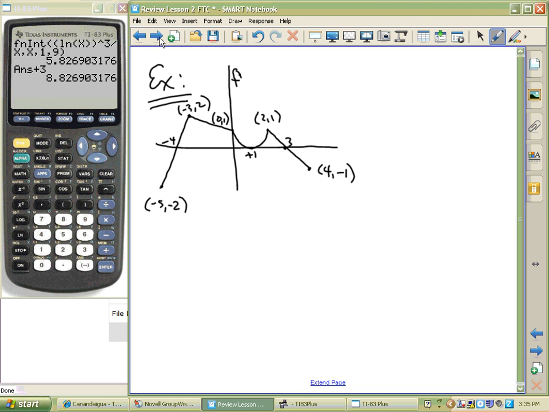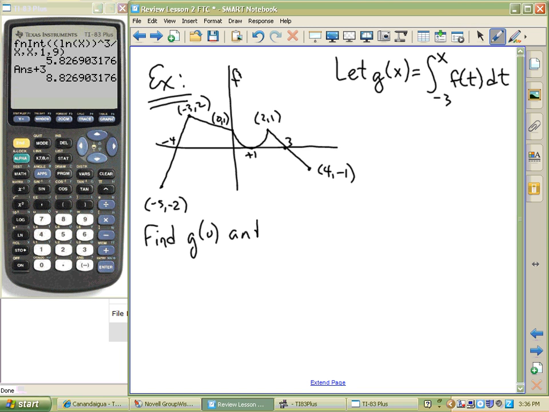And what we'll do is we're going to let g of x equal the integral from -3 to x of f of t dt. And we're going to find some things. We're going to find g of 0 and g prime of 0.